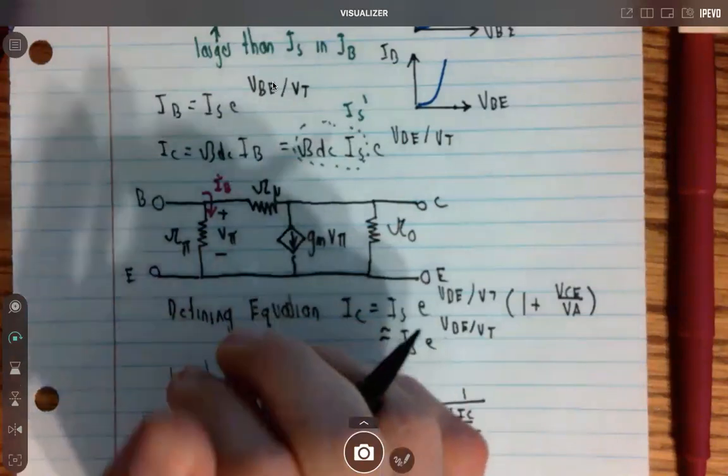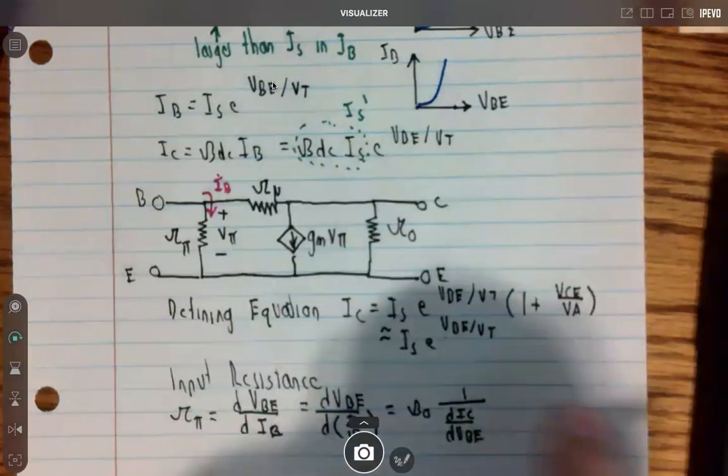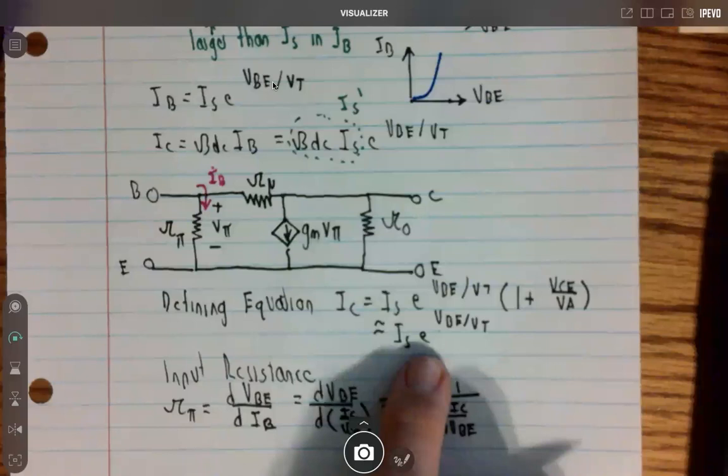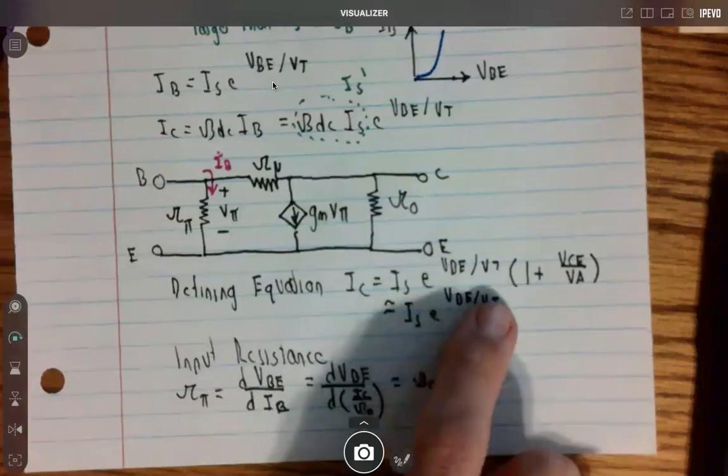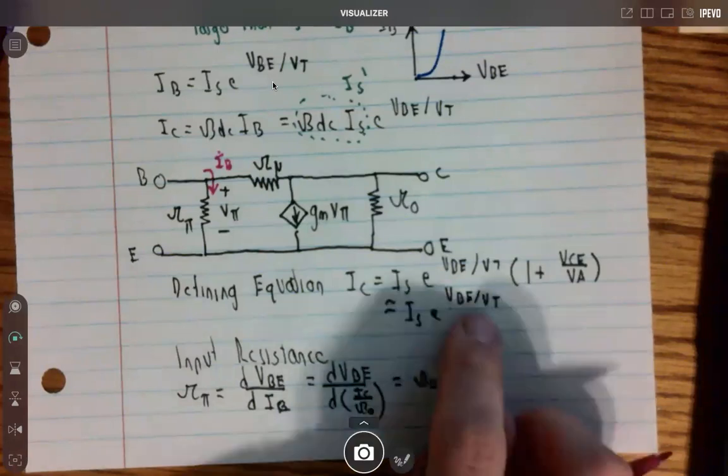And so now if you take the derivative, we know what IC is, if you recall, we just did it up here. The derivative of this with respect to VBE, a 1 over VT will come out in front. So that's how we're going to get 1 over VT, and then it'd just be the repeat of this, which is just IC.